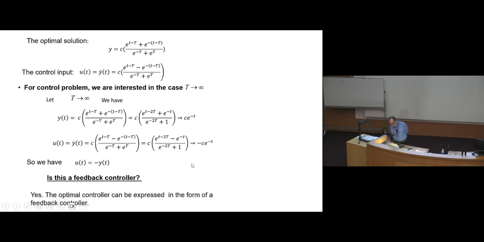The optimal controller can be expressed in this form of a feedback controller. Of course, when we solve this problem using the calculus of variations, we just solve this output in terms of a function of time. The input is also a function of time, right? But eventually, those two are related by a very simple form.